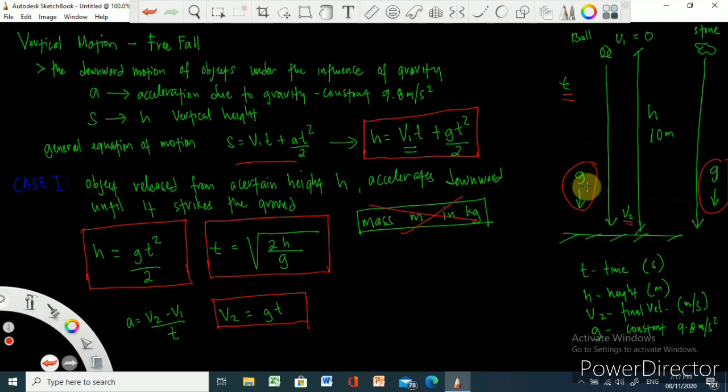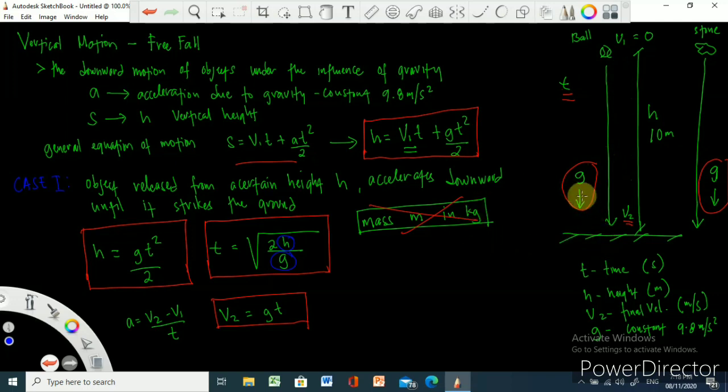Yung time nila pareho in the air will be determined only by height, okay, and by gravity. Syempre, mas mataas mo yan ilaglag, it will stay in the air much longer kesa sa dinrap mo siya close to the ground. Okay ba yun?